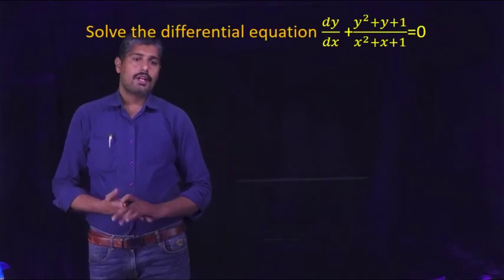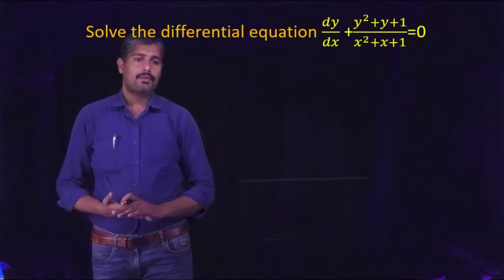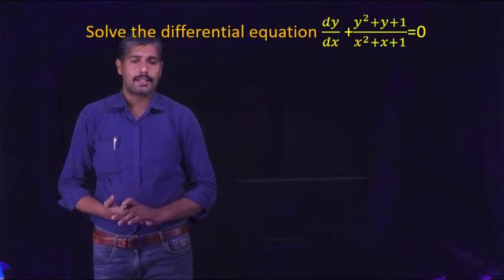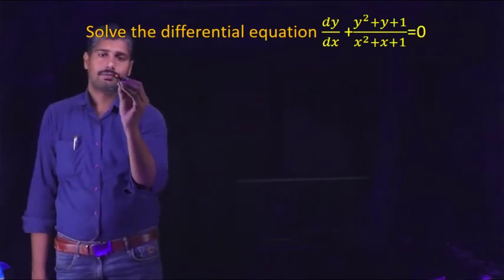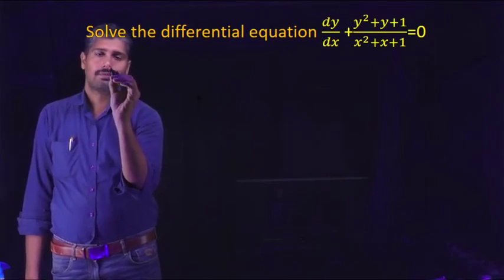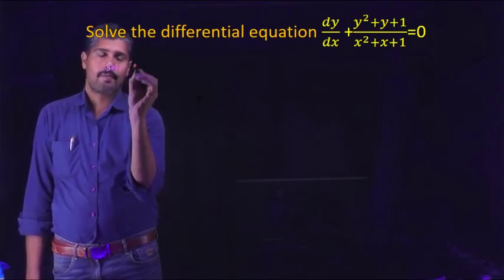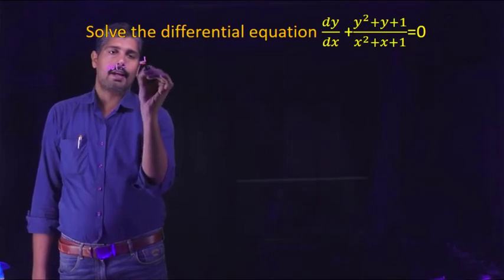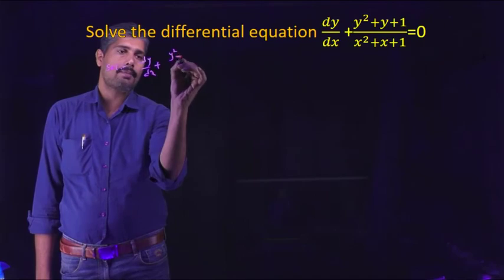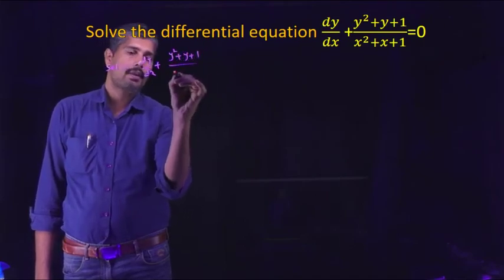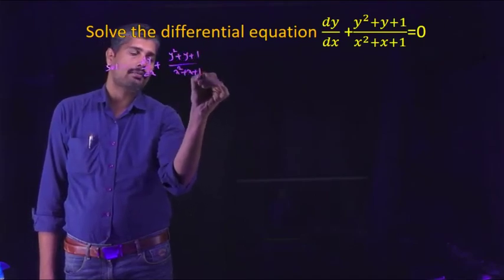Solve the differential equation dy by dx plus (y square plus y plus 1) by (x square plus x plus 1) equal to 0.